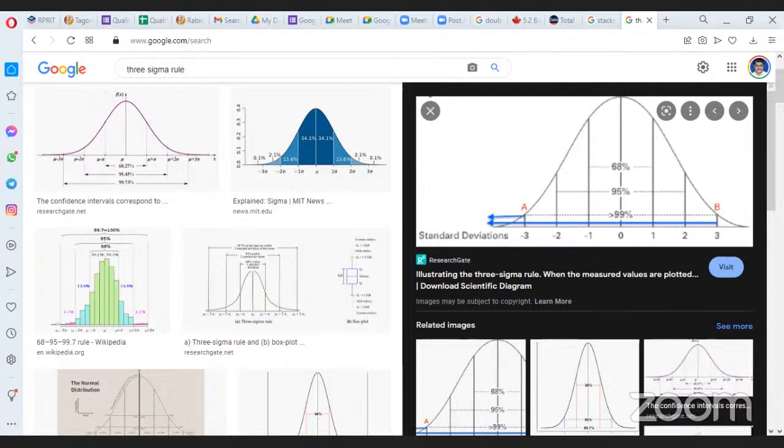A 5% error means in 5% of cases, the antidepressive drug may not have a good effect. So this is not a reliable drug.